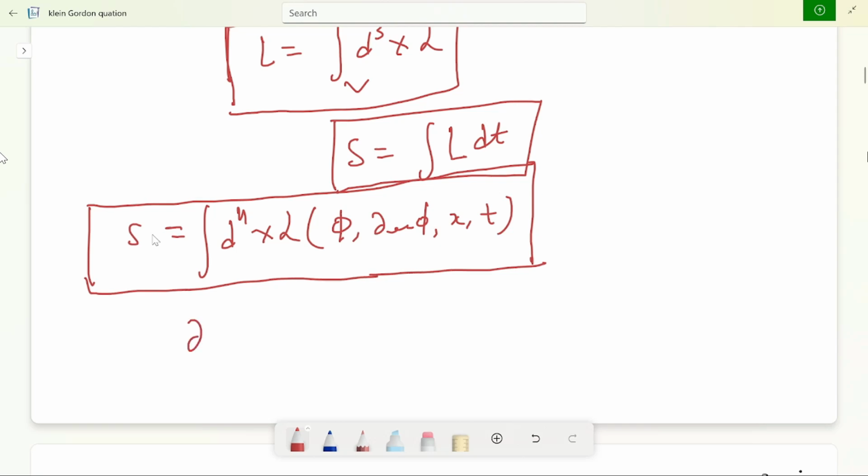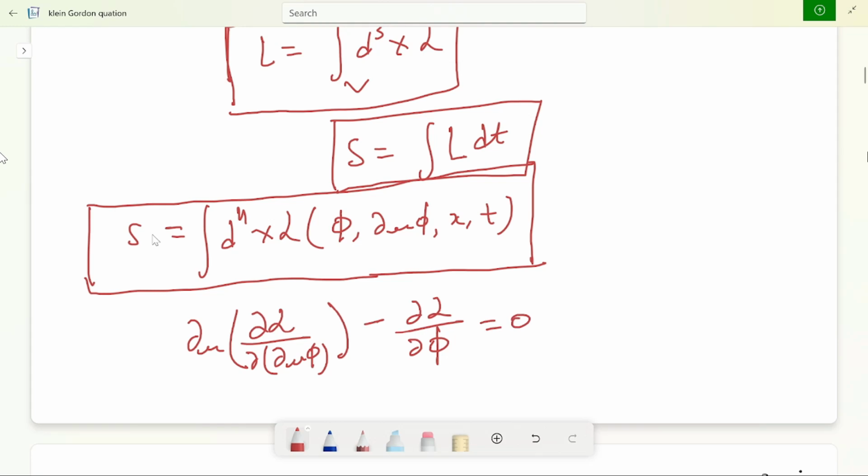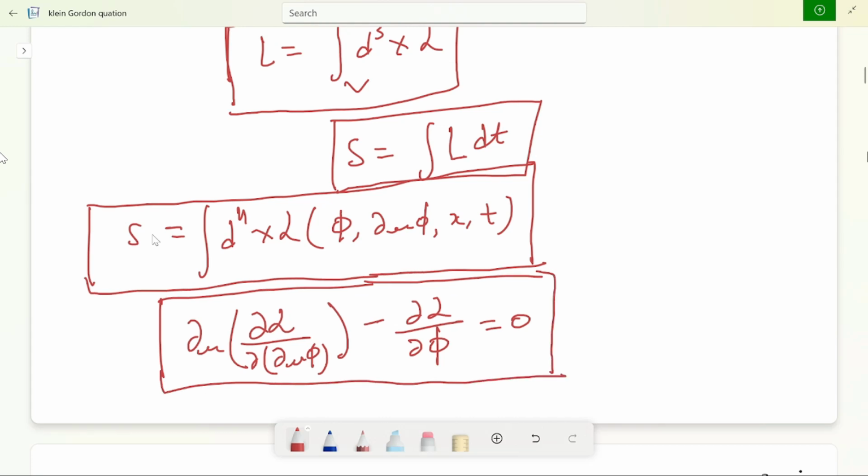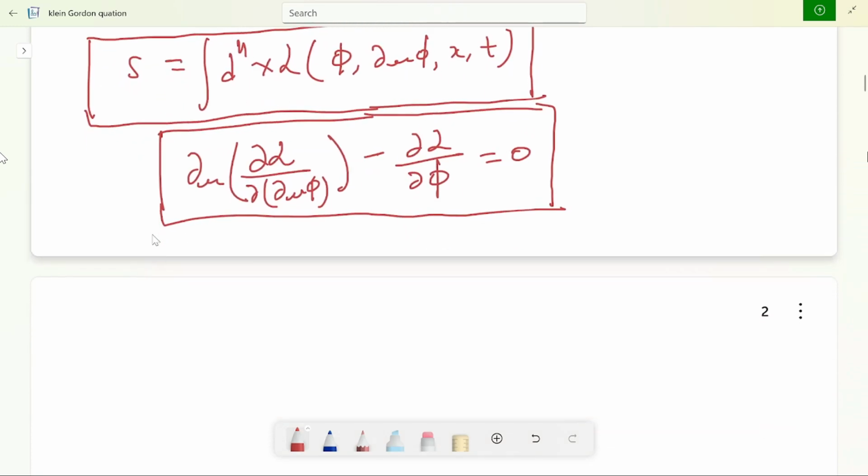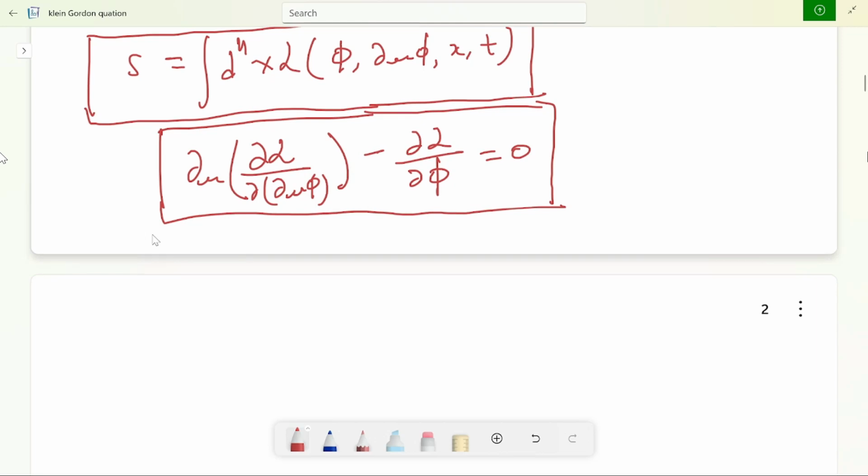So now the Euler-Lagrange equation is given by this: derivative d mu of the Lagrangian density with respect to the derivative of the field, minus the derivative of the Lagrangian density with respect to the field. This is your Euler-Lagrange equation in field theory. Now, let us talk about this a bit. Phi is your field, of course.